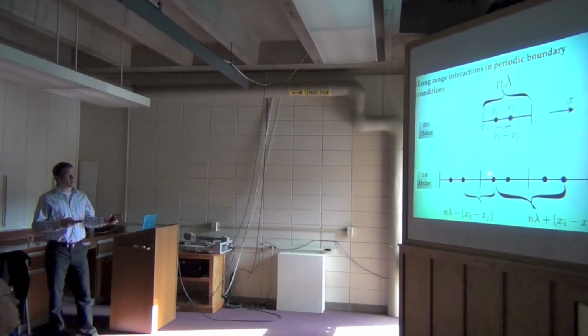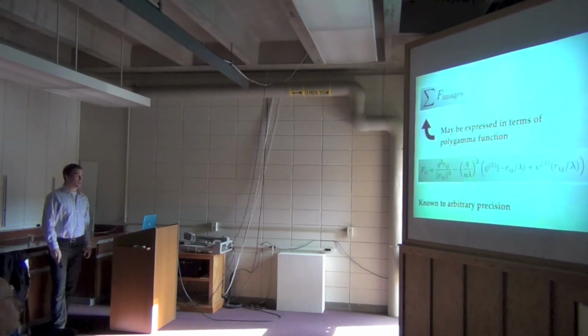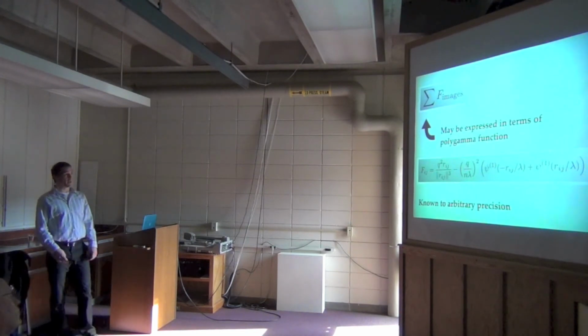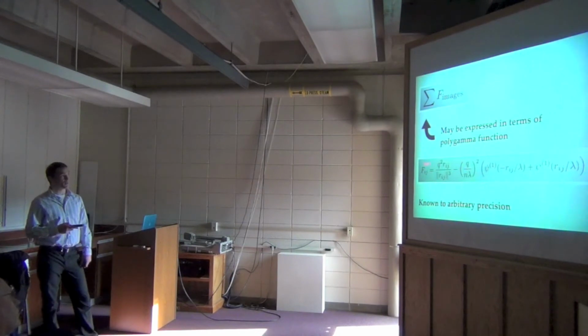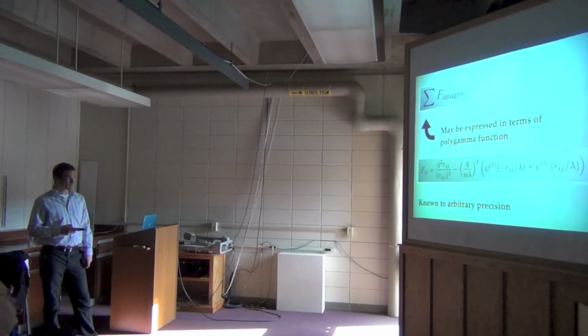The force contribution of this particle and its image on the left and the image on the right will be zero because these are both the same distance away. But the other particle's image will be non-zero. It turns out that if you sum up the forces in this way, it has a very nice representation in terms of polygamma functions.